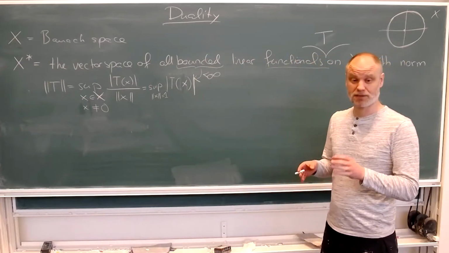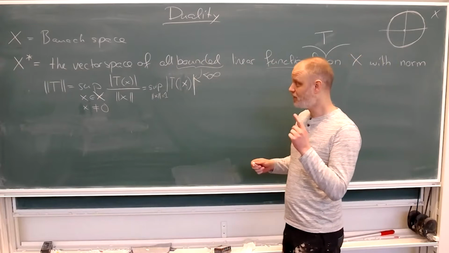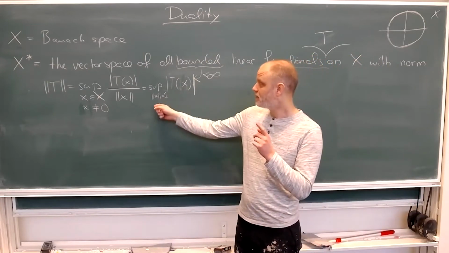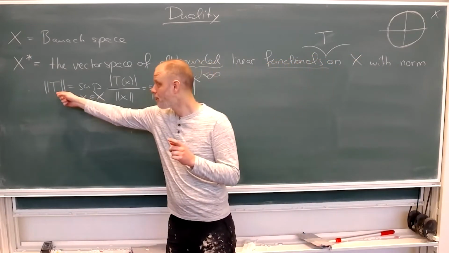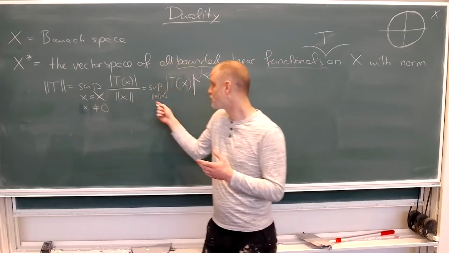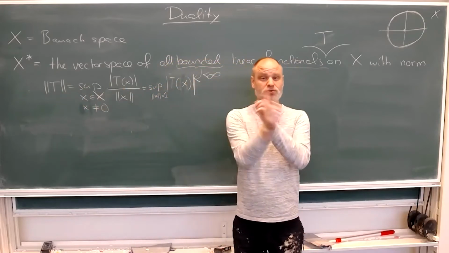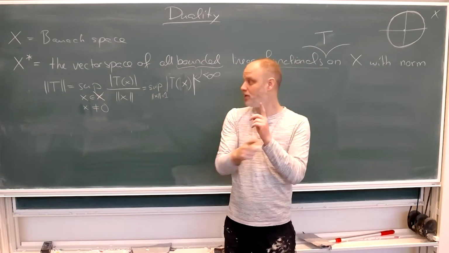So one of the things that make duality or dual spaces so important is the very curious fact that this identity here, here we define a norm. So this is just a definition, but the roles of x and T can be flipped. Look at this.